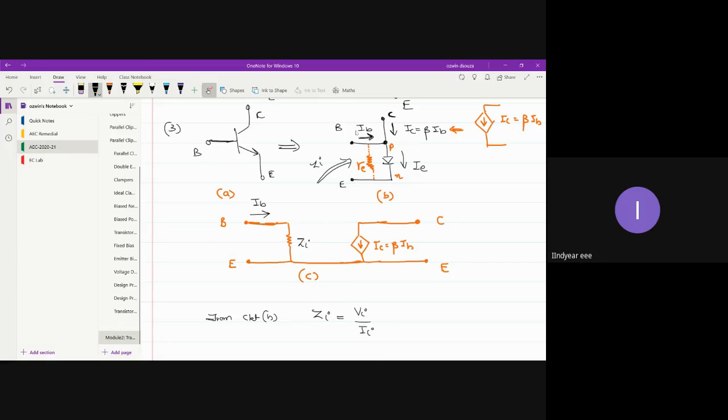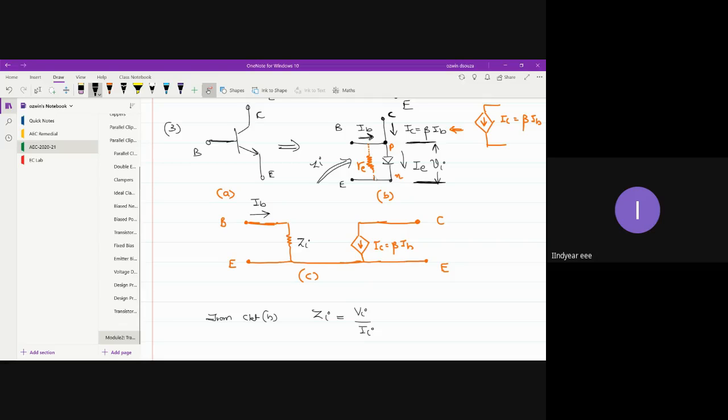So what is VI? VI is nothing but the voltage measured across the input terminal. So what are the input terminals? Base and emitter. So this is your VI. You can follow, right? This is your base point and this is your emitter point.